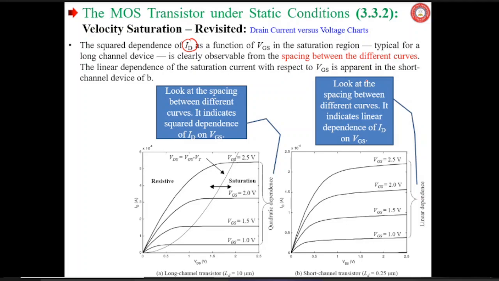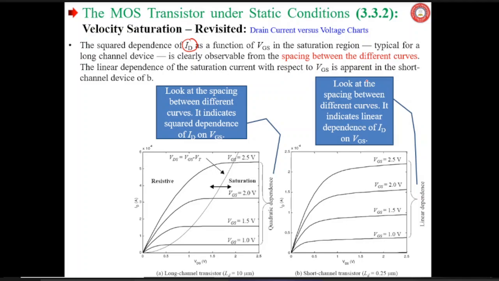For instance, at this point, VGS equals 2.5 volt and VDS equals 2.5 volt, and the value of current is 540 microampere, which is 10 to the power minus 4.